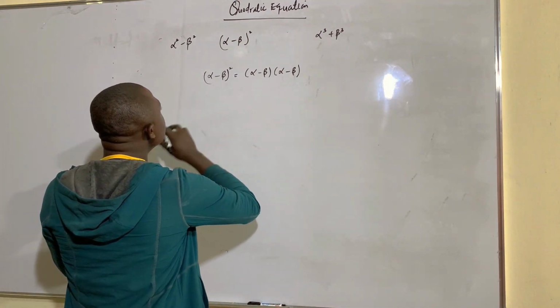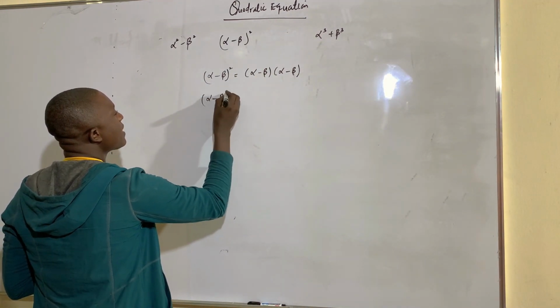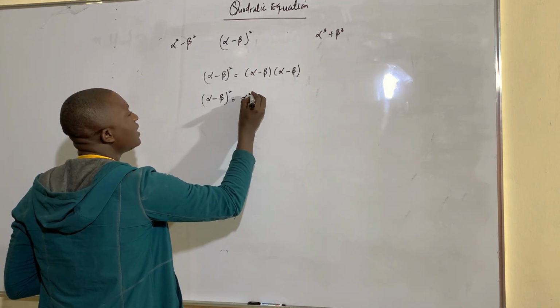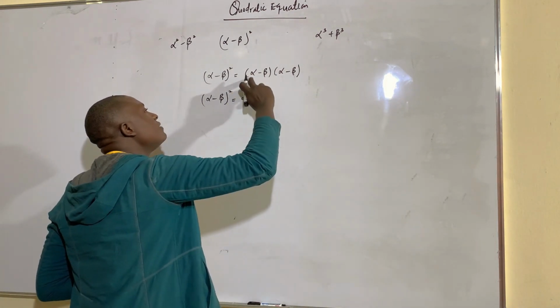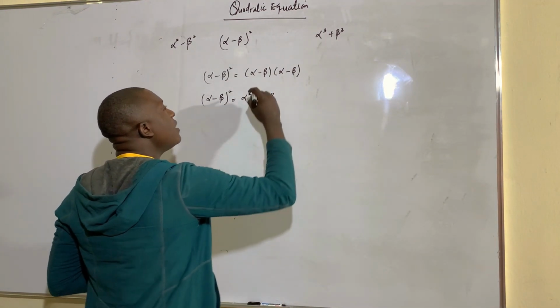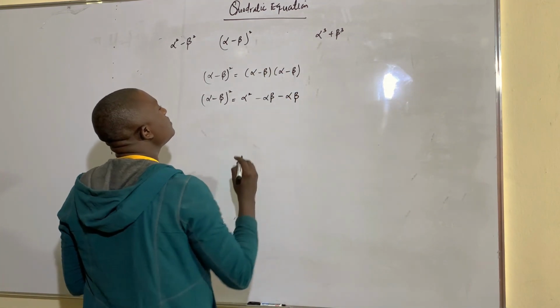Now, let's use this one, for example. If I expand, alpha times alpha is going to give me alpha squared, isn't it? Alpha times minus beta is going to give us minus alpha beta.